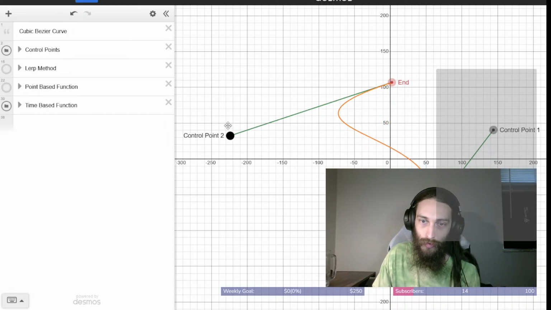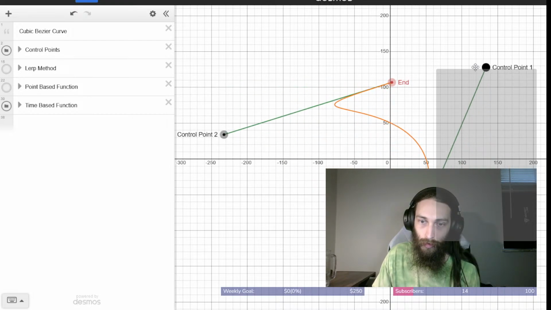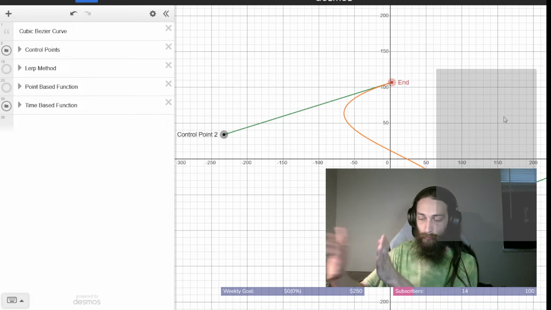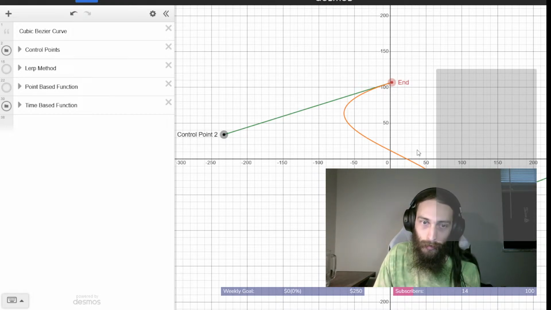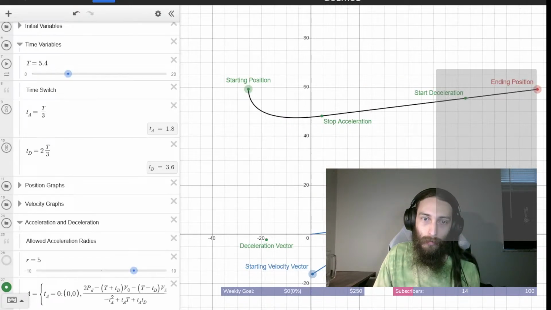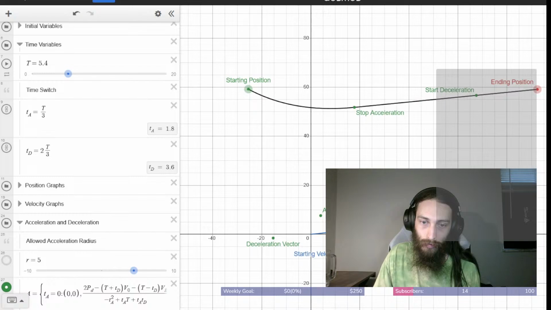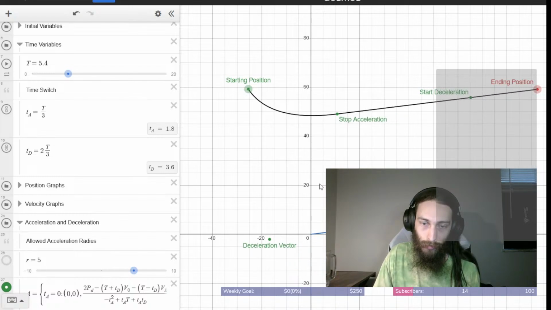And while this does draw a path between the start and the end point in a way that looks interesting and would be fun to path a spaceship between those 2 points, I care a lot about the accuracy of the velocity and acceleration and stuff.